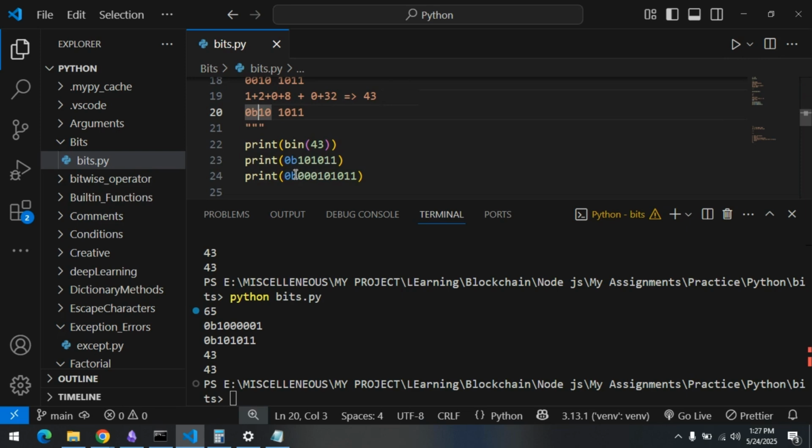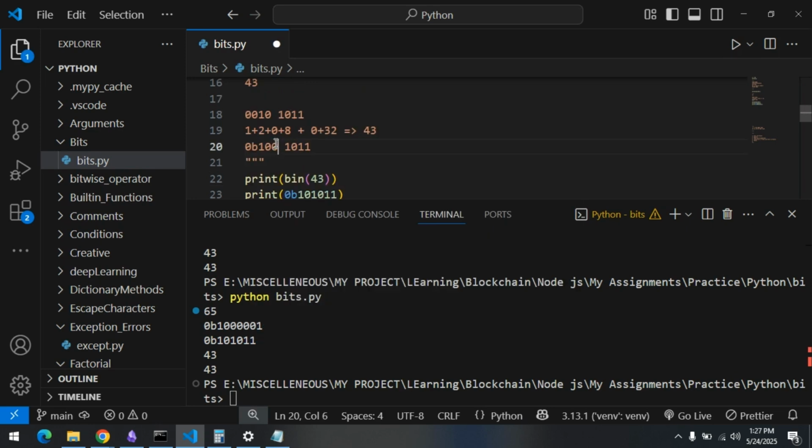Okay, it would always return a 43. So it doesn't matter how many zeros you add over here, as long as you start from the right hand side, which is the rightmost or the least significant number, and then move towards the left.